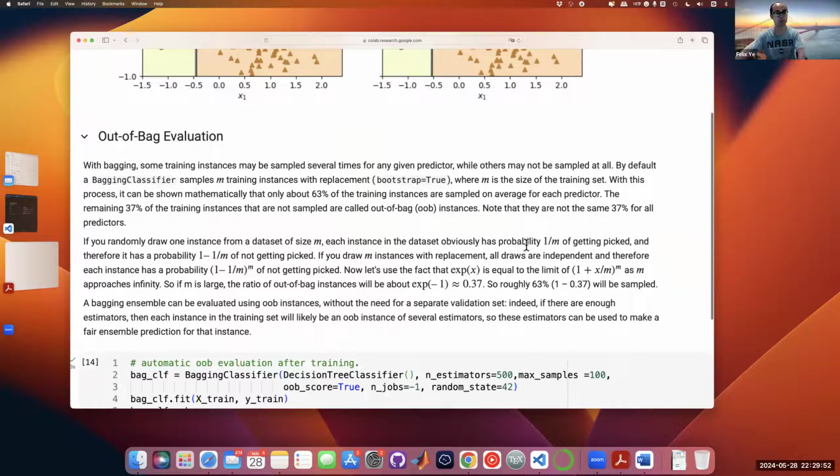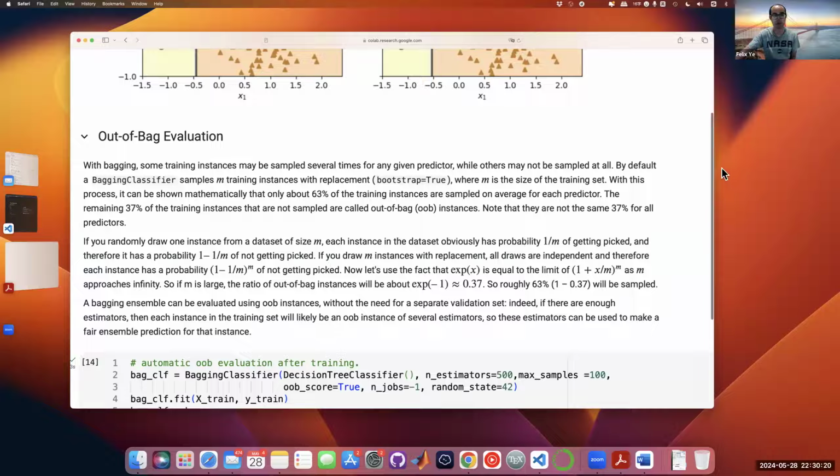Another thing is that during bagging, some training data could be sampled multiple times for any given predictor. So even if you sample a number exactly the same as the whole data set, you might not sample all the data at all.